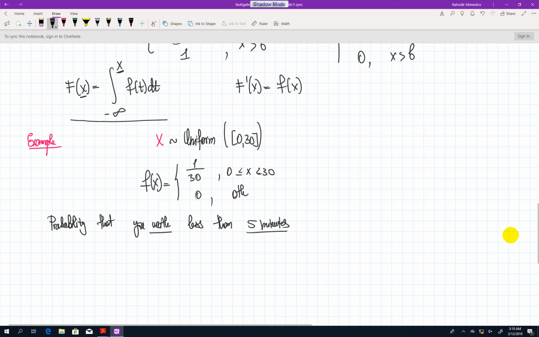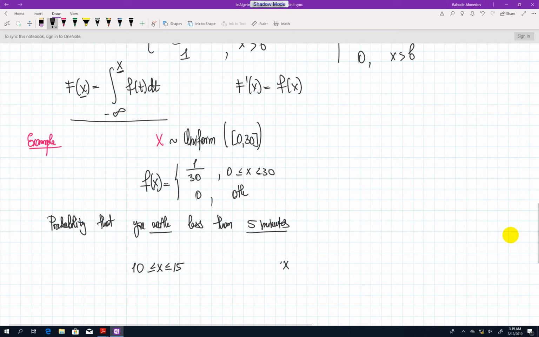So is it possible to express the waiting time using the time when you arrived at the station? In which interval do you need to come to the station so that you will wait less than 5 minutes for the next bus? From 10 to 15, right? If you arrive between 10 and 15, you're going to wait less than 5 minutes for the bus.